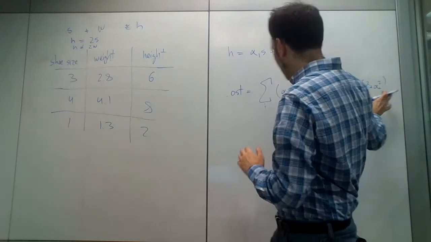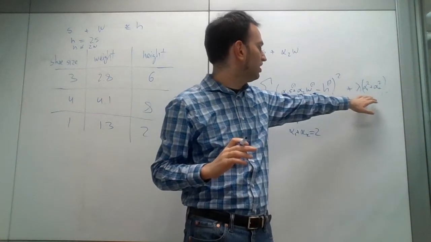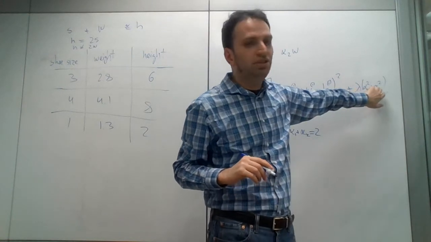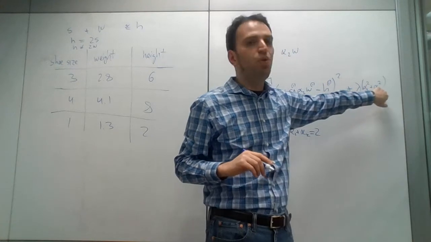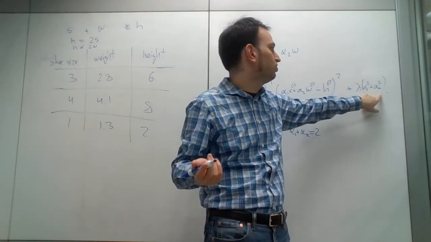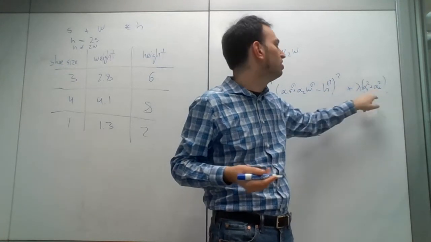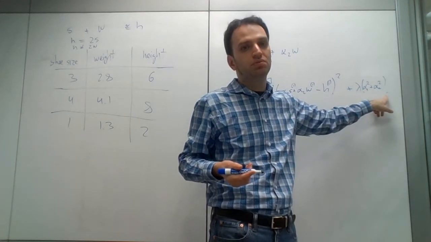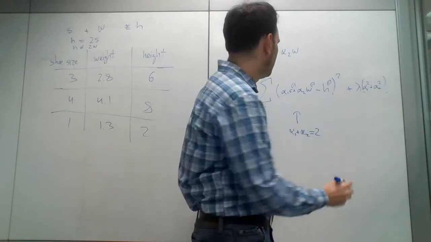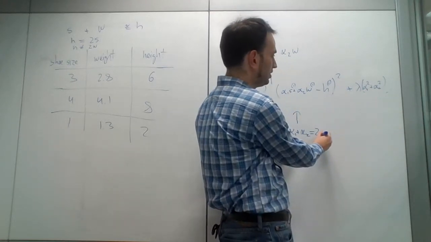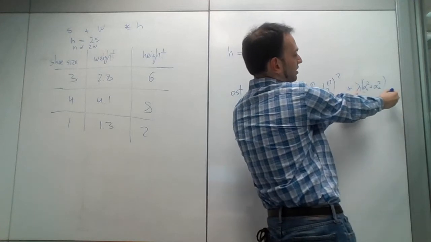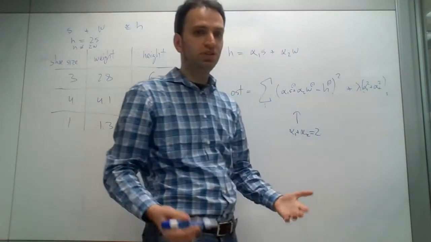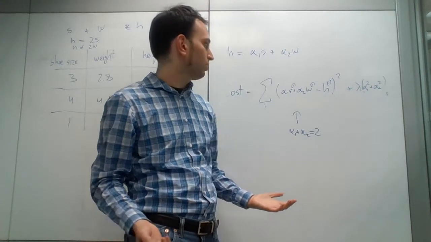So now, if that's the constraint, what's a good way to satisfy it? Well, if alpha 1 is 2, alpha 2 is 0, then this guy is 4. If alpha 2 is 2, alpha 1 is 0, this guy is also 4. But if this is 1 and this is 1, then the sum is just 2. So in fact, subject to this constraint, this guy is going to be as small as possible when alpha 1 is equal to alpha 2 is equal to 1. Why?